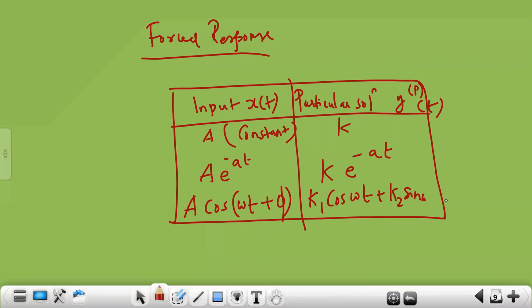So these are the three cases for forced response or particular solution corresponding to your input x of t. Earlier we dealt with natural response. Now we are going to deal with forced response.